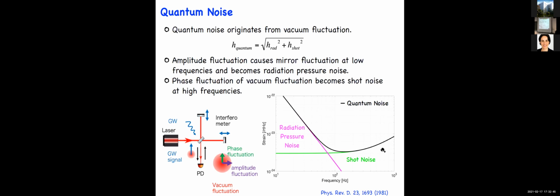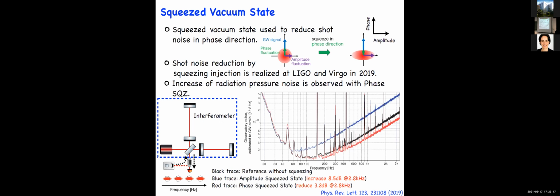Considering these two contributions, we get the quantum noise, shown as the total black curve. If you can decrease the noise fluctuation in one direction, for example, you can do it like this.